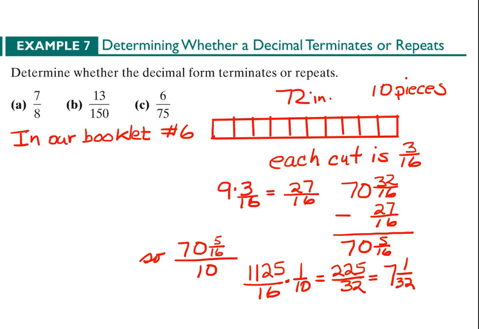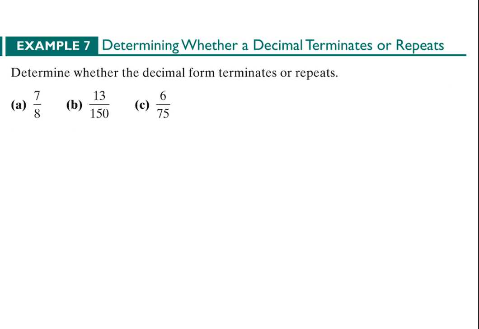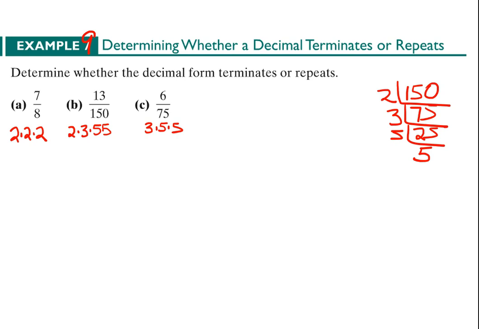Okay, now you can pause and go back, but we're going to clear this up now, because we want to do number 7, which I believe is parallel to number 9 in your booklet. So let's be sure of that. So I did a similar thing to what I've done before, teasing the denominators into their prime factorization.